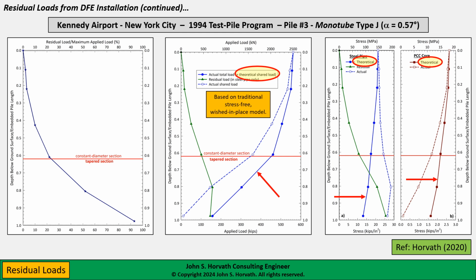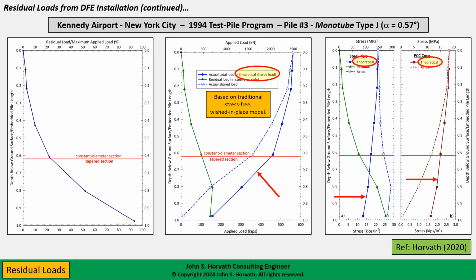And this would be the distribution you'd get of applied load. The solid blue curve would be the stresses in the steel. The solid brown or dark red curve would be the stresses in the concrete. But these are wrong.